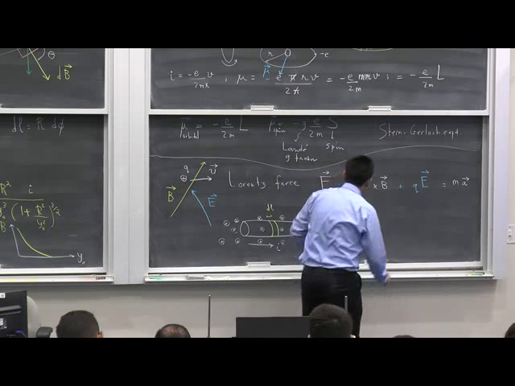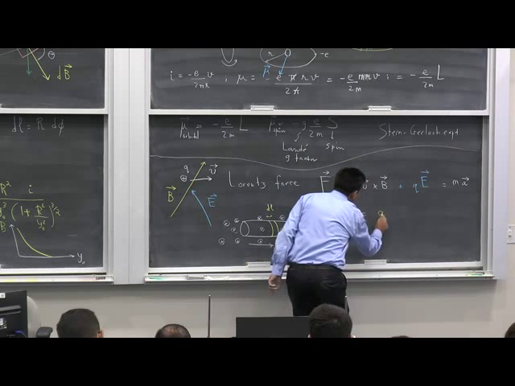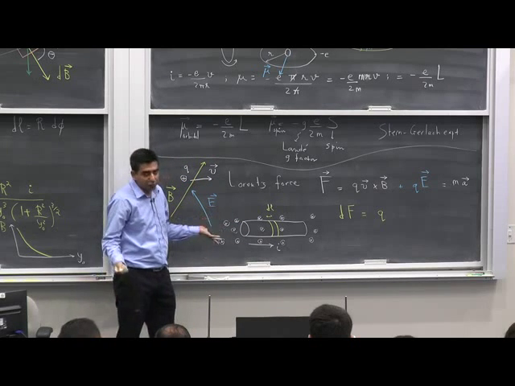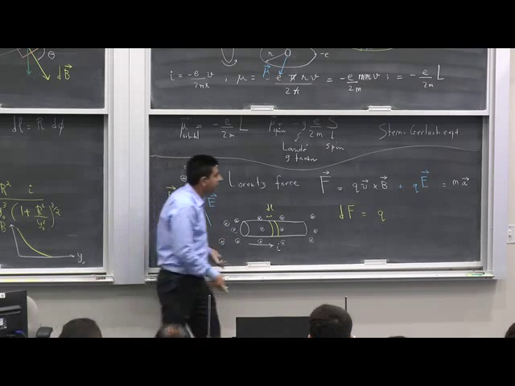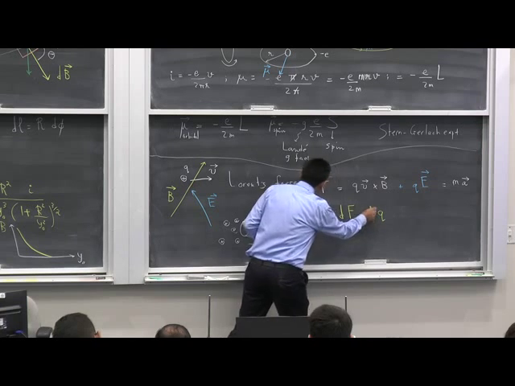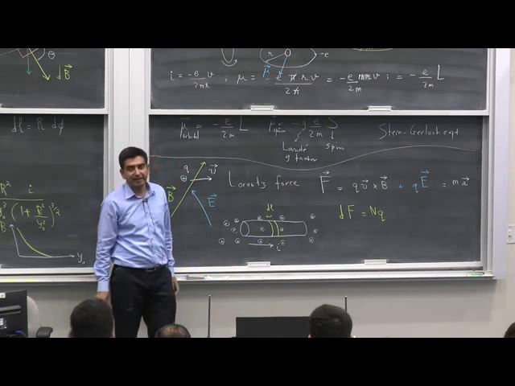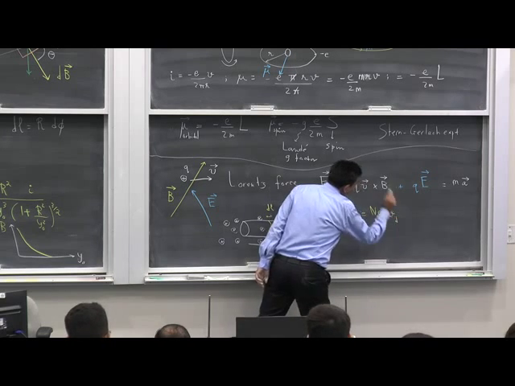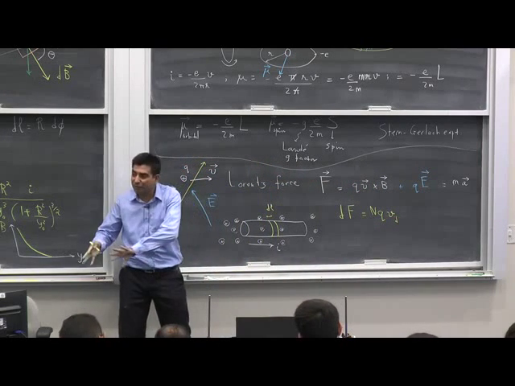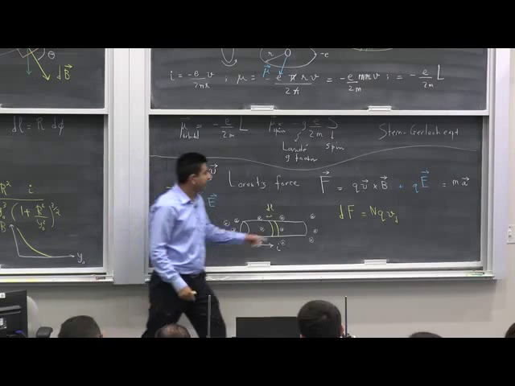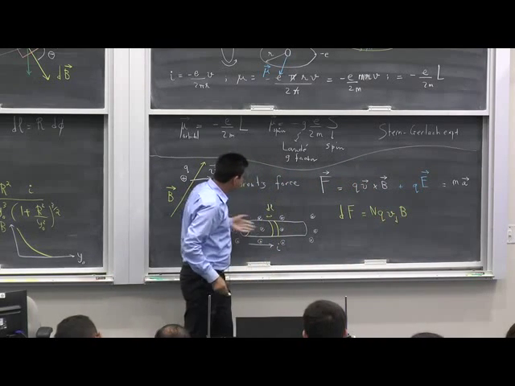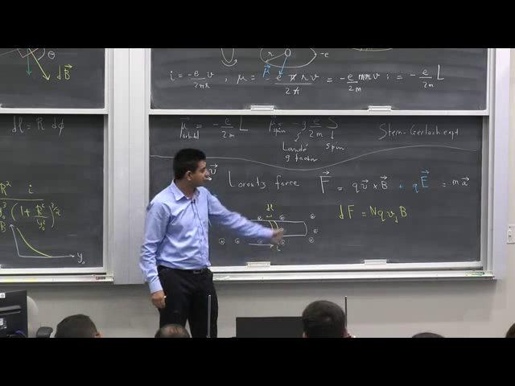According to this prescription, I have the charge on a current carrier Q, or the charge on an electron, times the total number of electrons inside this section, capital N, into V, which is the drift velocity, because that's the effective motion of the sea of electrons, into B, the magnetic field, which is uniform, and the angle between the drift velocity and the field is 90. So sine of 90 is 1.